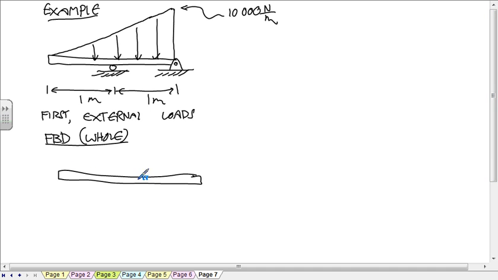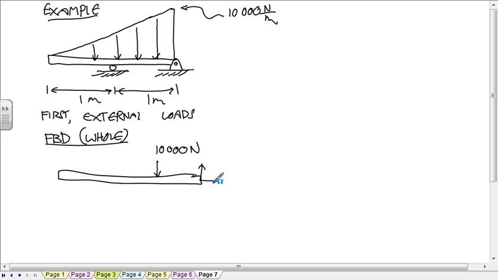Yeah, 2/3 of the way from here, 1/3 of the way from here. So it's going to be like this, 2/3 of a meter from the pin joint. And what's the magnitude of that force? 10,000 times 2 divided by 2. So 10,000 newtons.